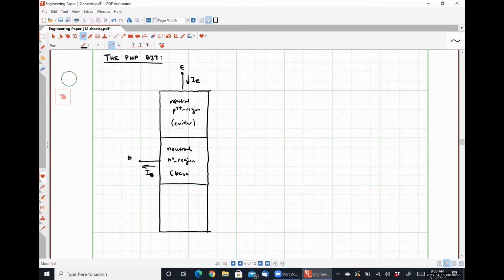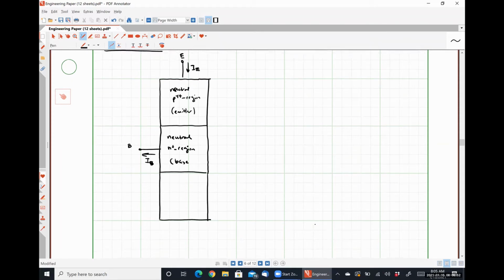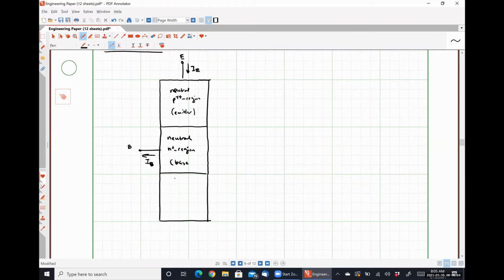Sorry, this should be a B, not an E. And then finally, we have a lightly doped neutral P region at the bottom, commonly referred to as the collector. Here's our collector pin C, and here is our direction of collector current.